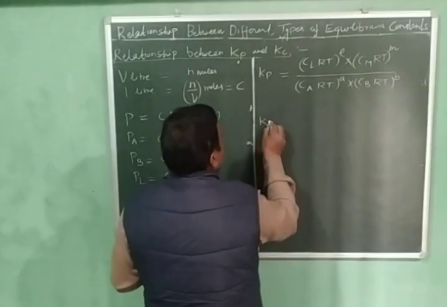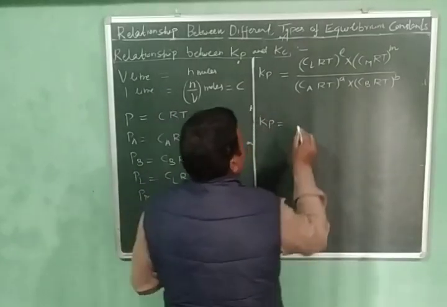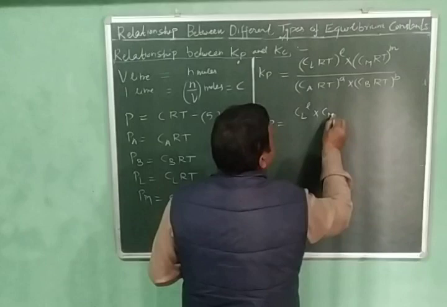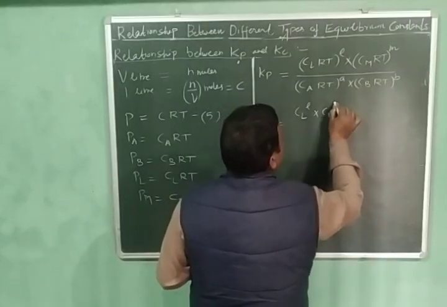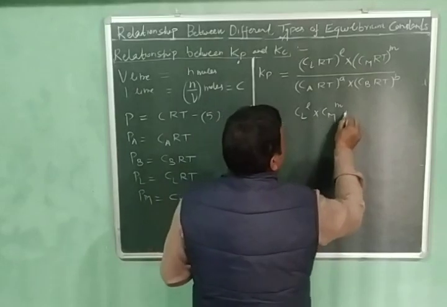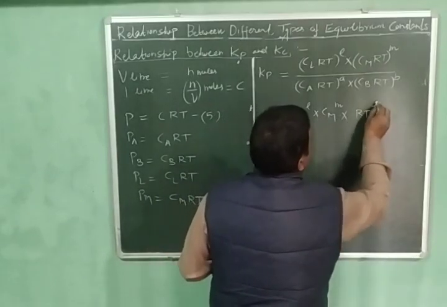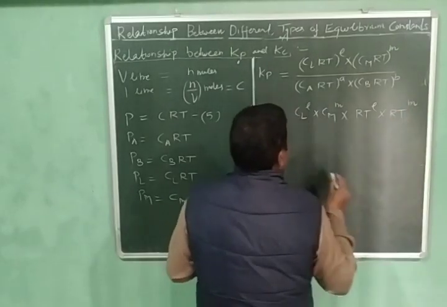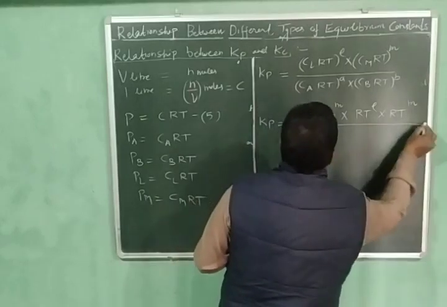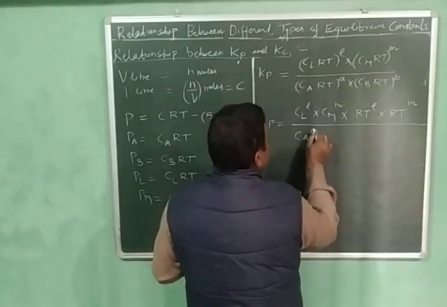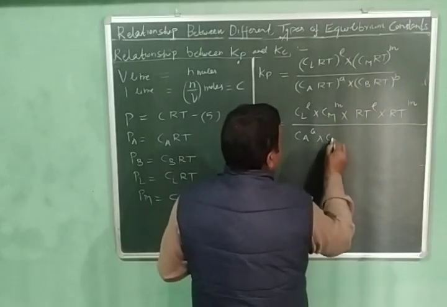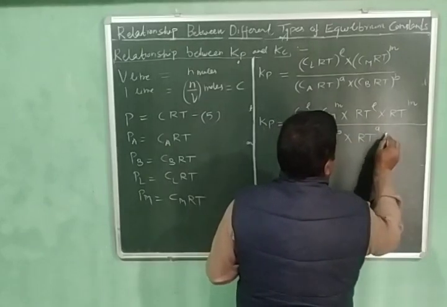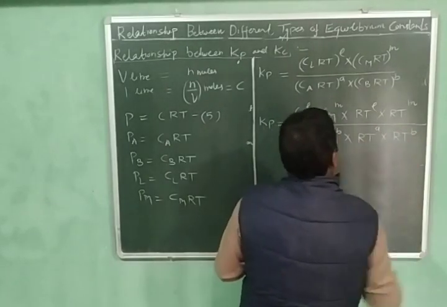Let us solve it further, and Kp will be equal to Cl raised to power l into Cm raised to power m into RT raised to power l into RT raised to power m, divided by Ca raised to power a into Cb raised to power b into RT raised to power a into RT raised to power b.